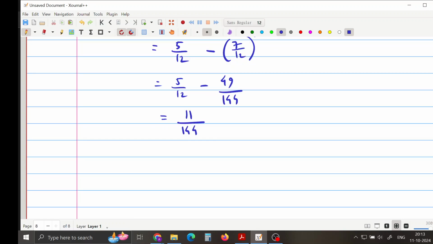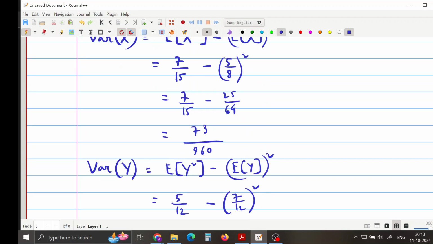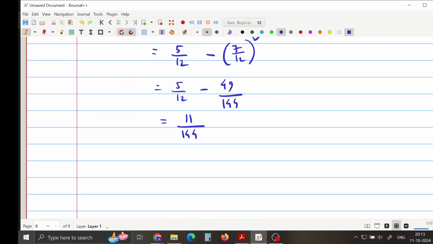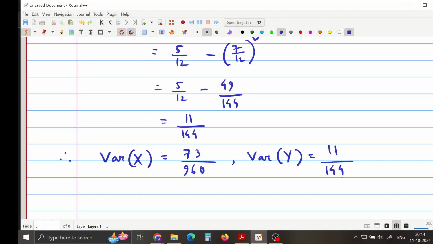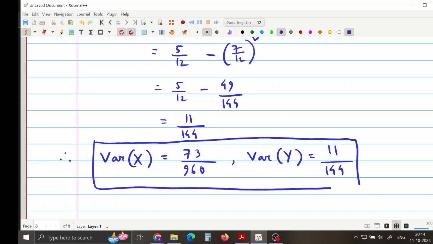Okay, so these are the two variances. Let me also write down finally: variance of x is 73 by 960, variance of y is 11 by 144. This is your answer, right?